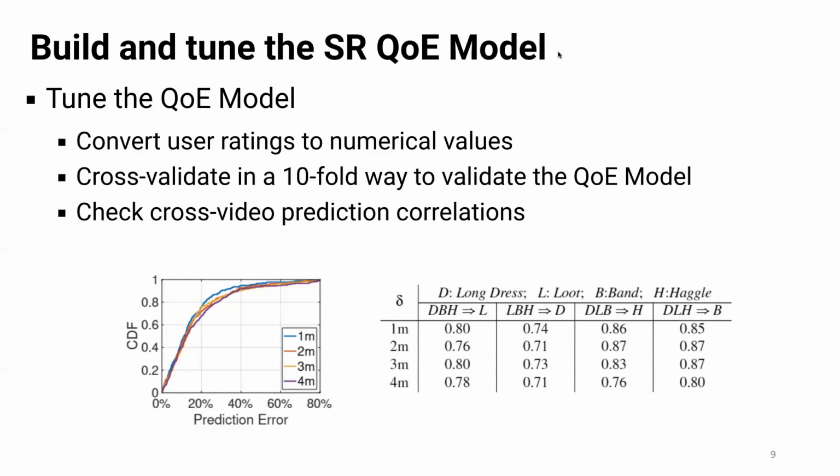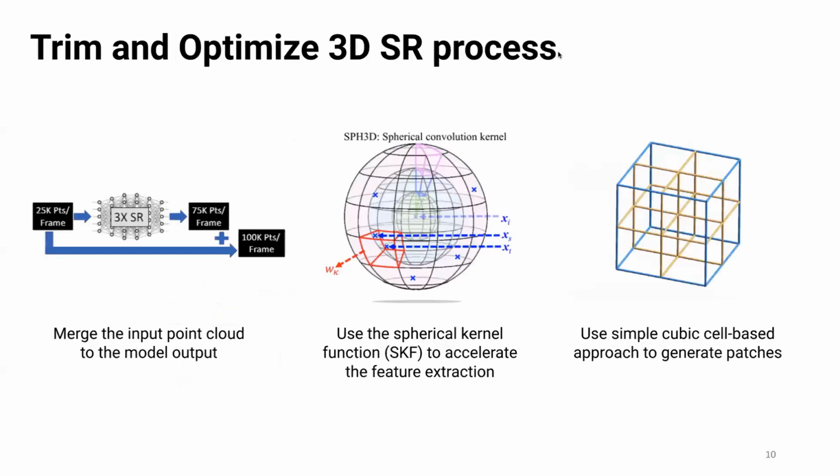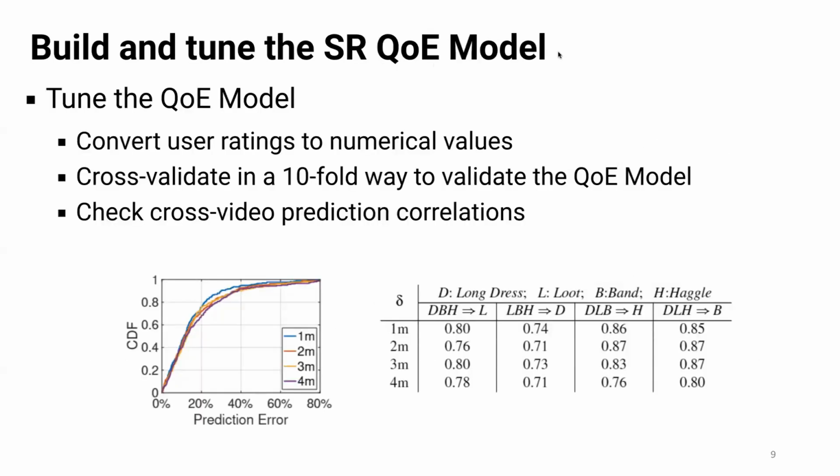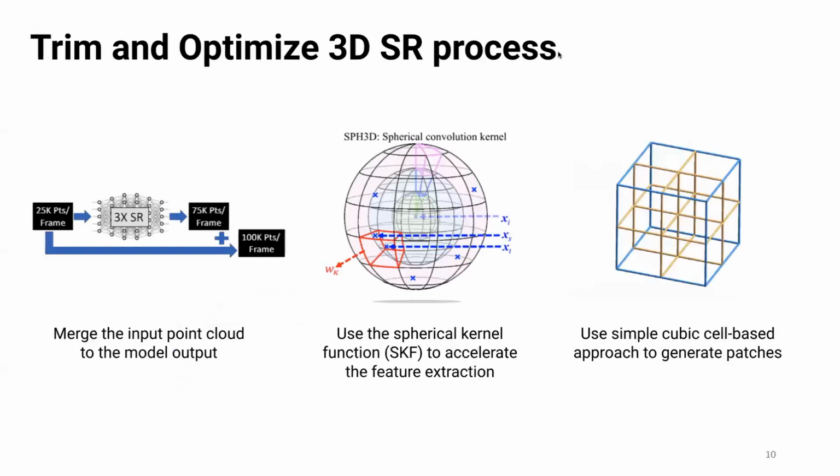And they cross-validated the result, also checking the cross-video prediction correlations. And as a result, they get a model that can infer the user quality for 80% of the cases with less than 20% error. And after that, they will use this QoE model later.